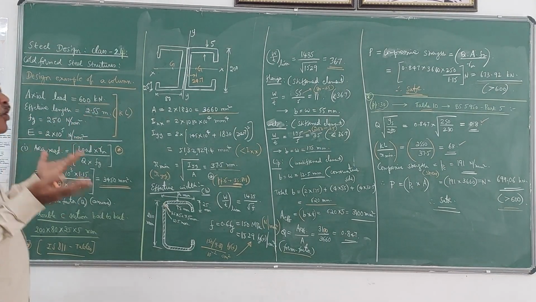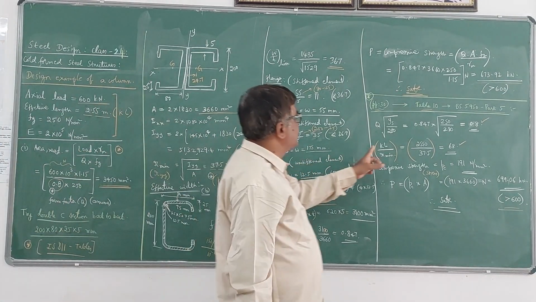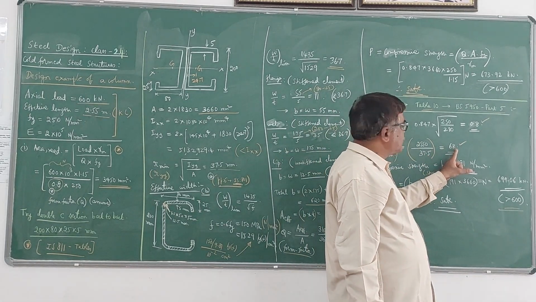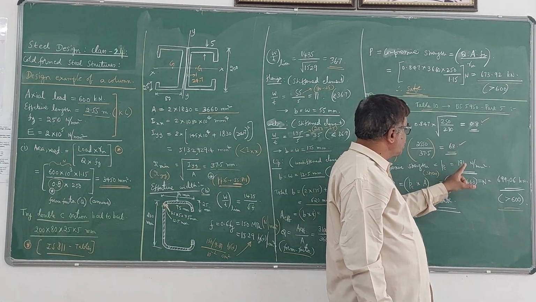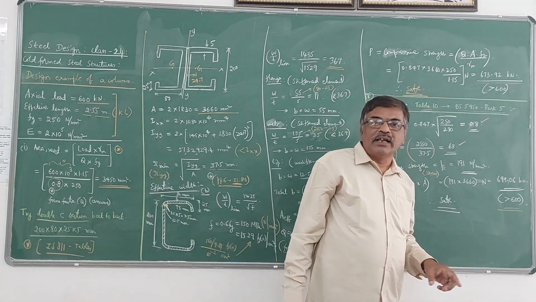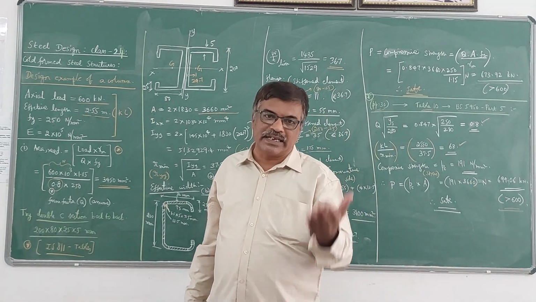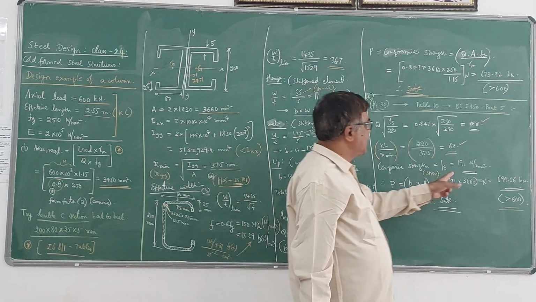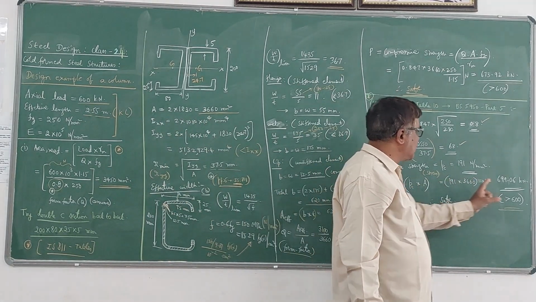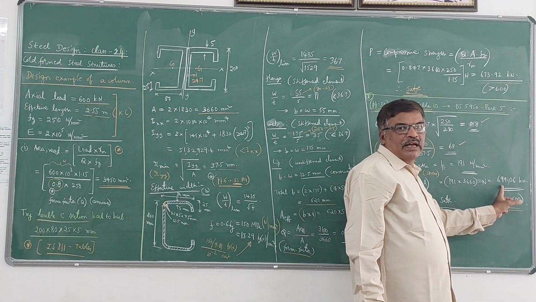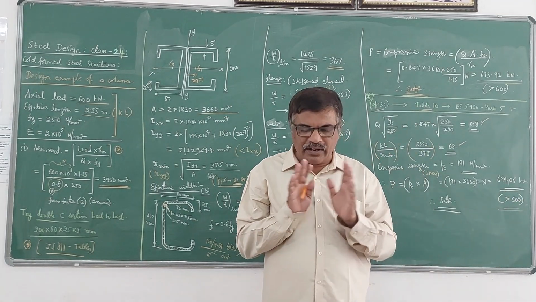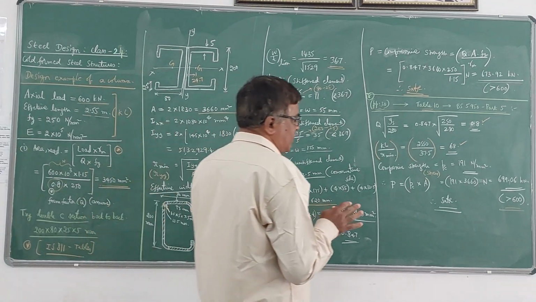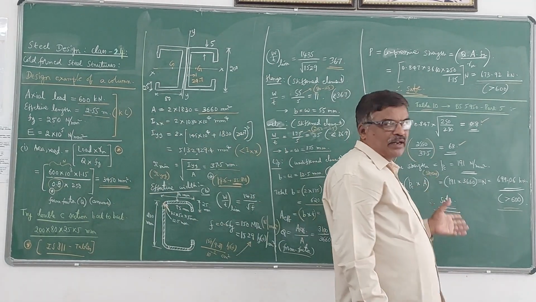Suppose the length is more, then this KL will be more and this value will be more. When this value is more, this will be lesser. Please note that as the slenderness ratio increases, the strength value reduces. So when this is reduced, automatically this value also will be reduced. So you can always decide up to what length you can provide to carry that particular load.